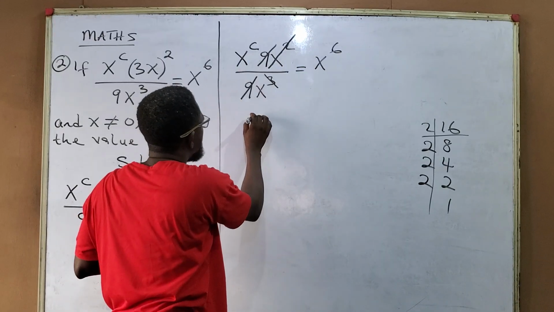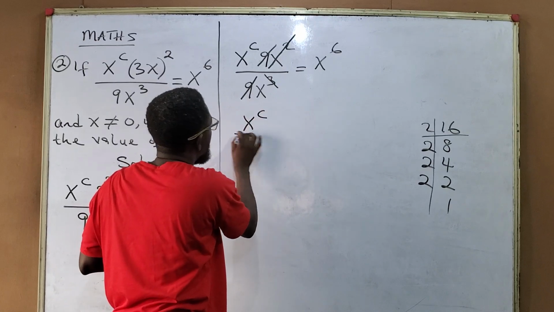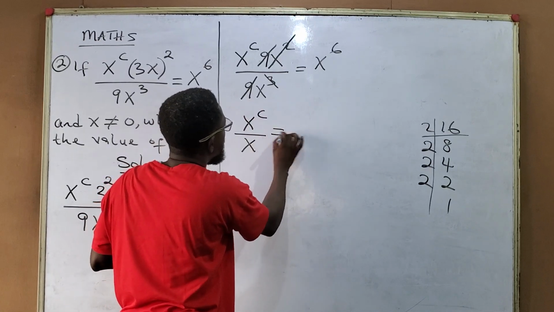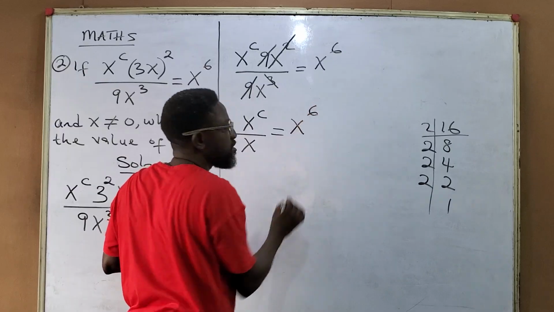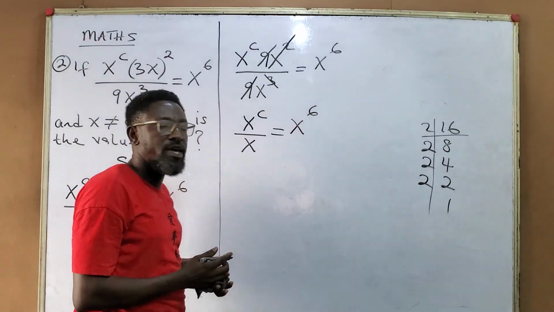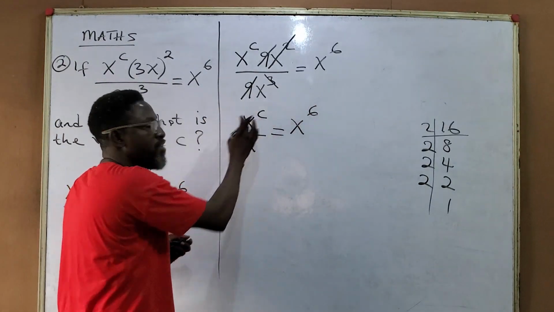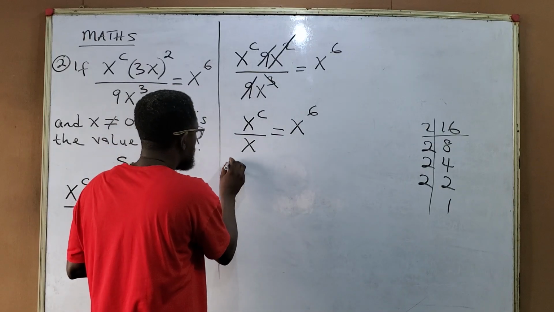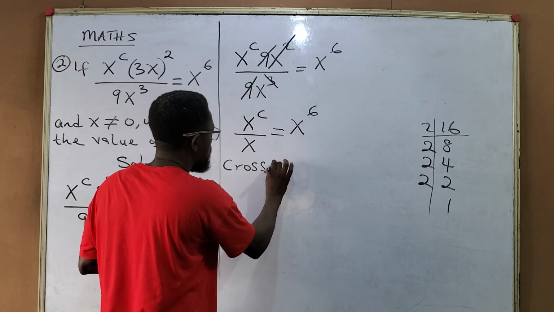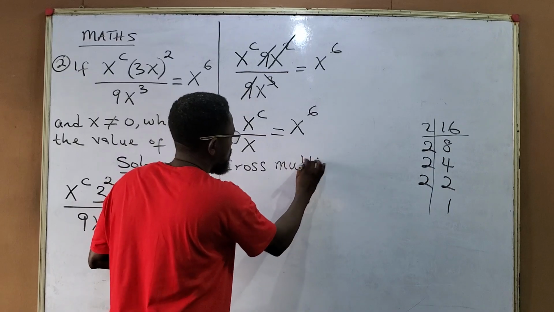So we have x to the power c over x equals x to the power 6. So what I do next from here, since I'm looking for the value of c, is what is called cross multiplication. We cross multiply.